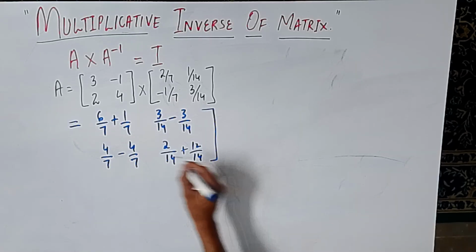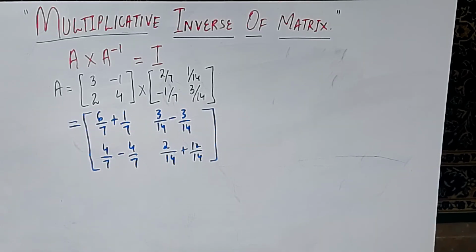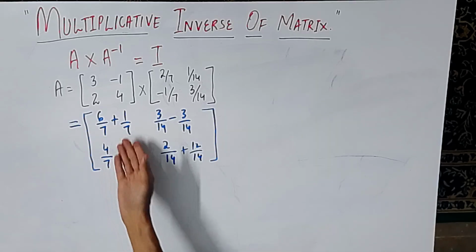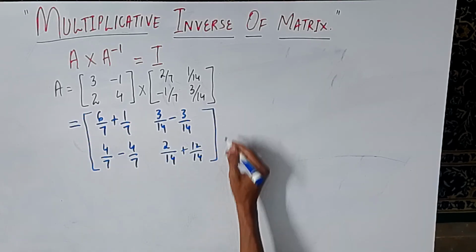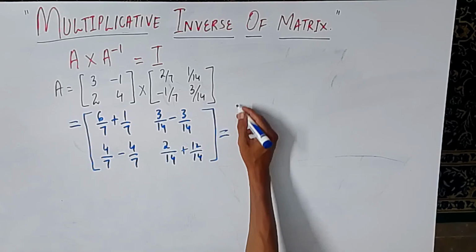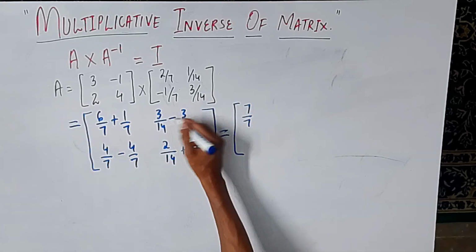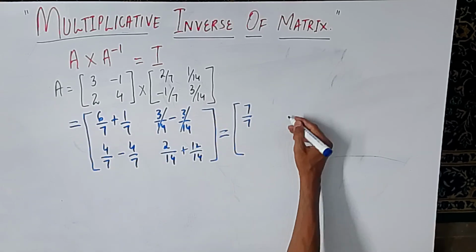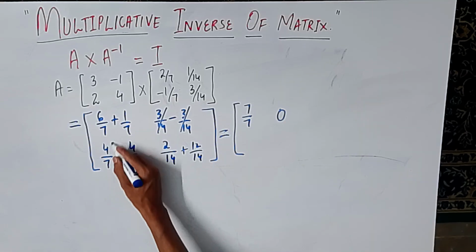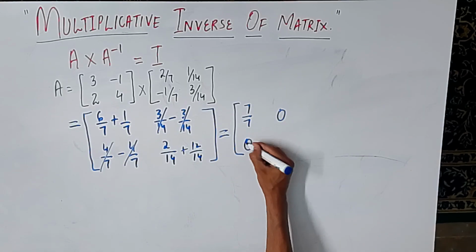So over here you can see fractions are coming, but as the denominators are same, you can directly do it. So you will get over here 6 plus 1, 7 upon 7. 3 minus 3, it will cancel, so directly it will come 0. Over here also it will cancel, so it will come 0.